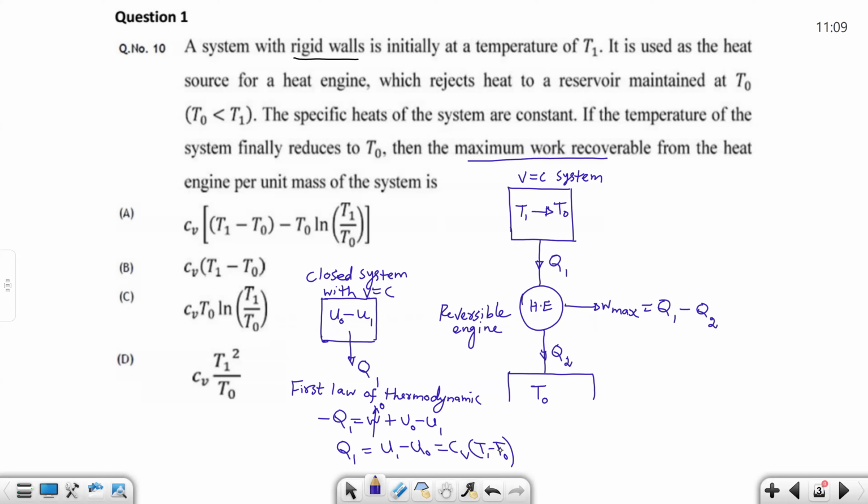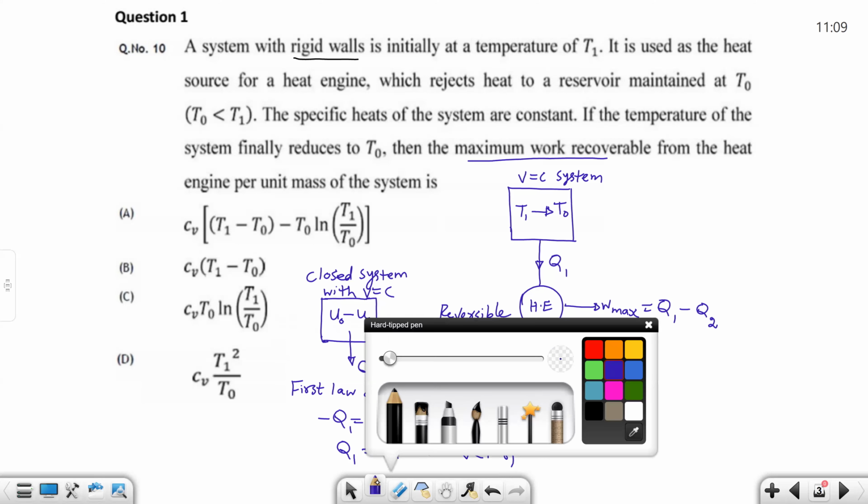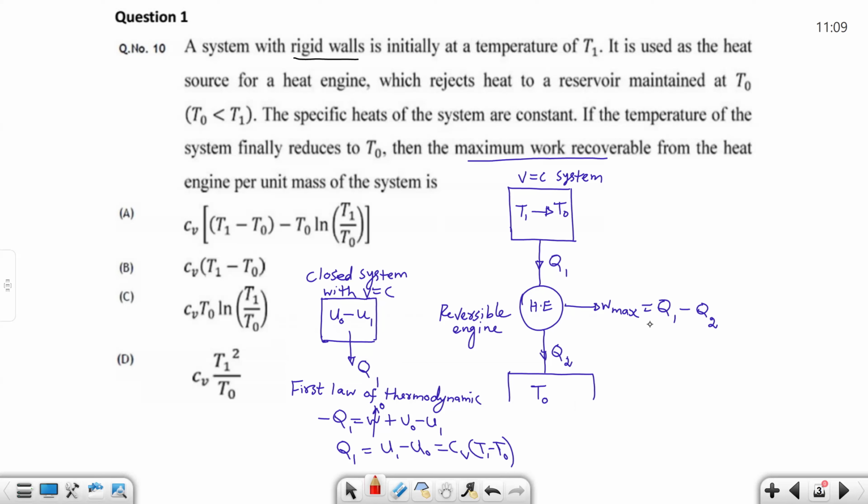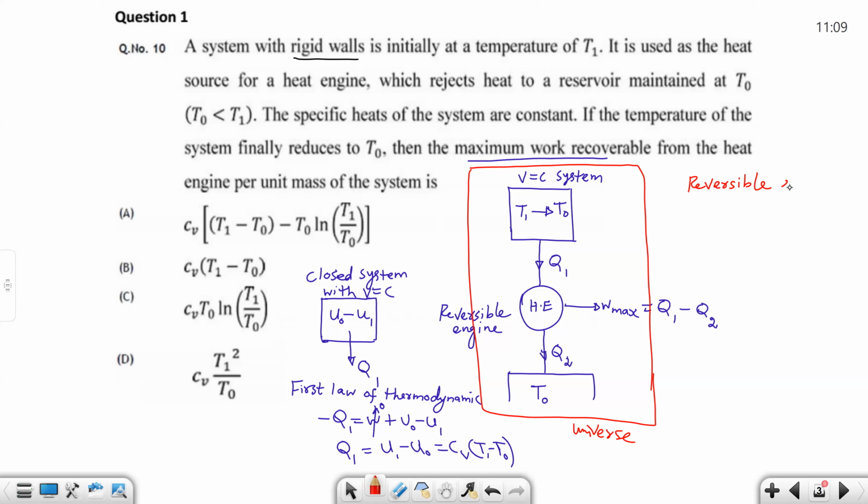Now you have got Q1. So how do we get Q2? So what you do, you take the entire system as a universe. So we know that for a reversible engine, entropy change of the universe is equal to 0.